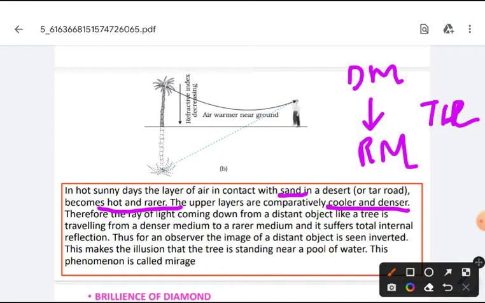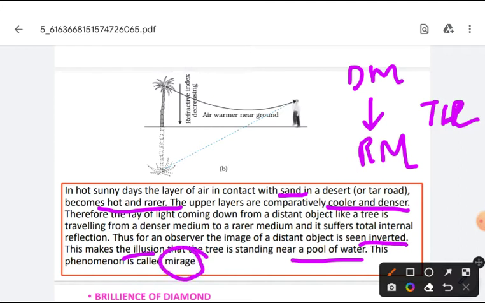Total internal reflection means what? The angle of incidence should be greater than the critical angle. Thus, for an observer, the image of the distant object is seen inverted. This makes the illusion that the tree is standing near the pool of water. Thus, the phenomenon is called mirage.